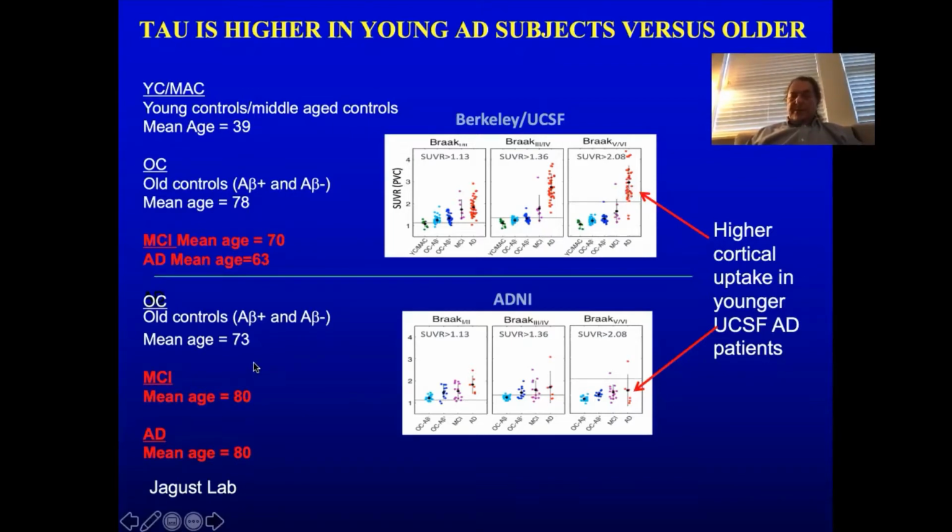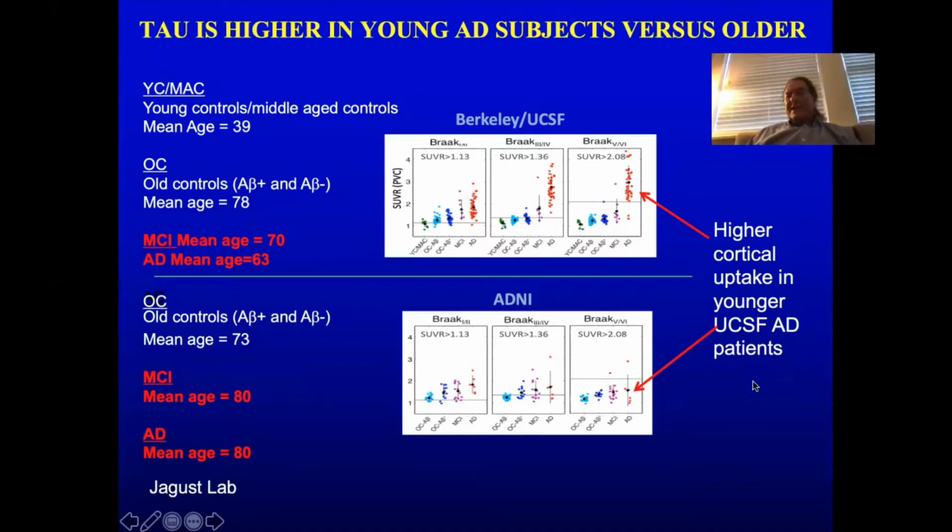But if you look at people from the Alzheimer's Disease Neuroimaging Initiative, average age 73, the amount of tau in the brain is much less compared to the young people. And many other people have shown this, that tau levels in older people with Alzheimer's disease are not so high.